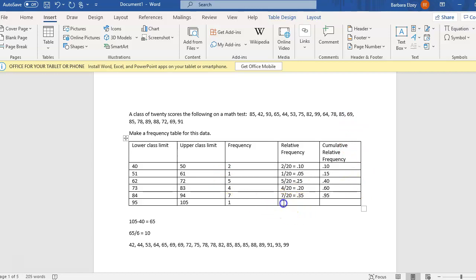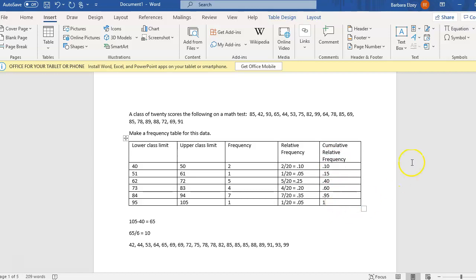And then lastly, in our last row, our frequency is 1, so we'll have 1 out of 20, which is 0.05, and add 0.05 to 0.95, and we get 1. And with cumulative relative frequency, the last row should always give us 1, because we're adding up all the frequencies, which always add up to 1. So there's cumulative relative frequency.